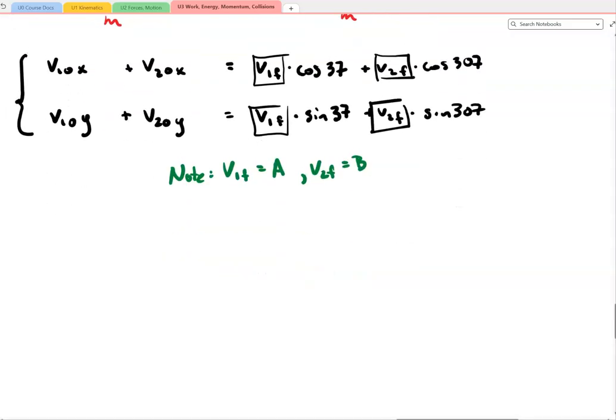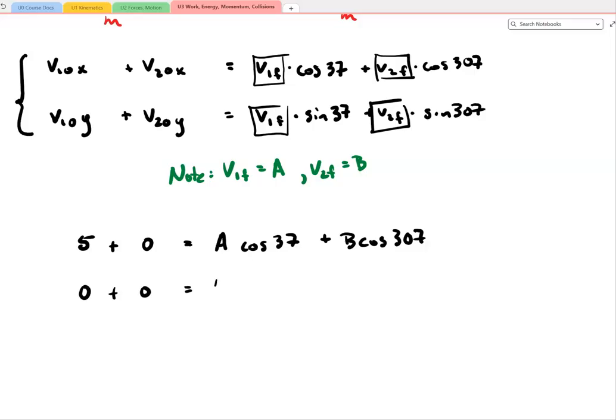Okay, so we now have, in this case, 5 plus 0 equals A cosine 307 or 37 plus B cosine 307, and then 0 plus 0 is A sine 37 plus B sine 307.